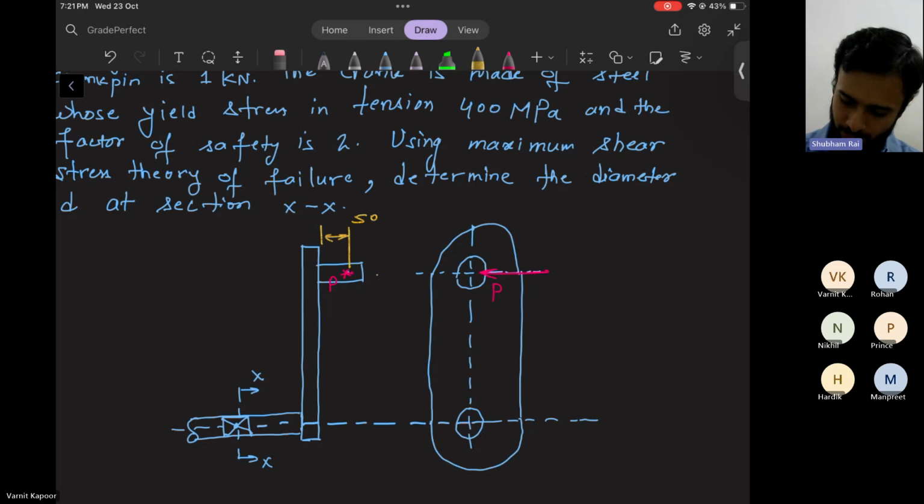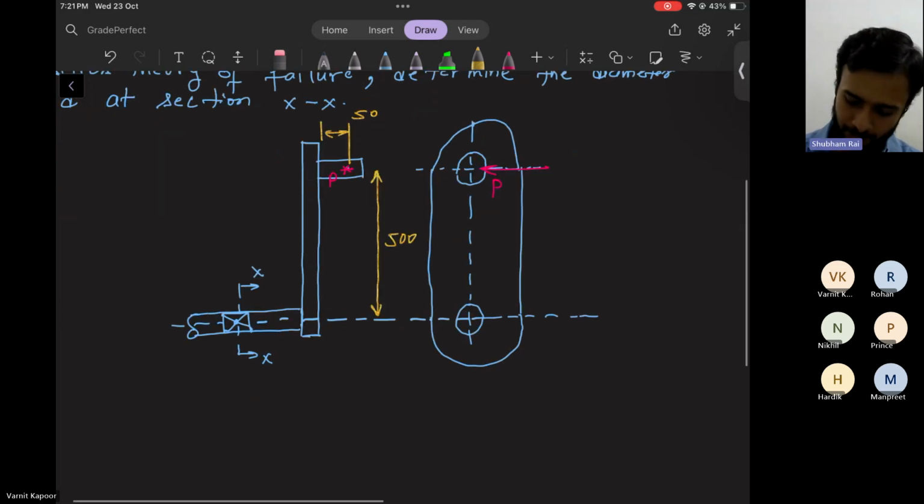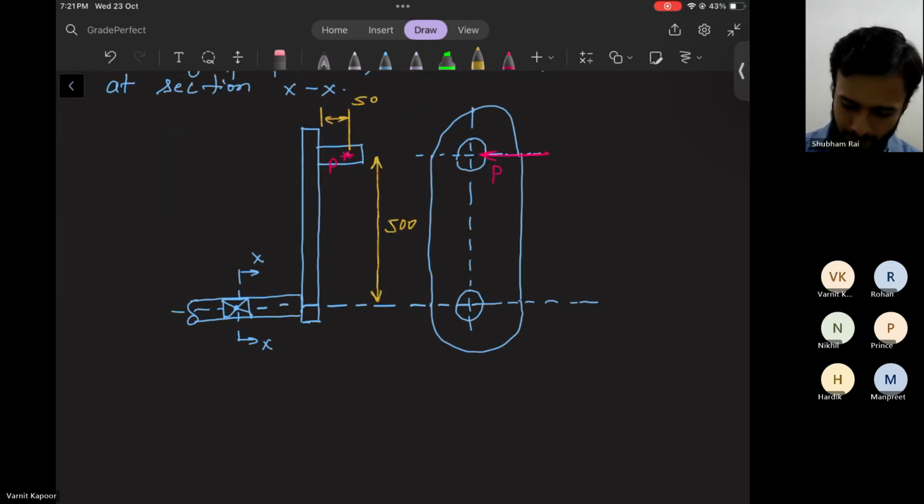I start from this point and go up to this point. So this distance is 500, and all are in mm. From this point to this point it is 100, and from this point to this point it is 25.